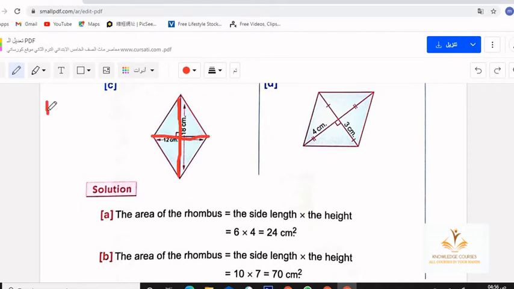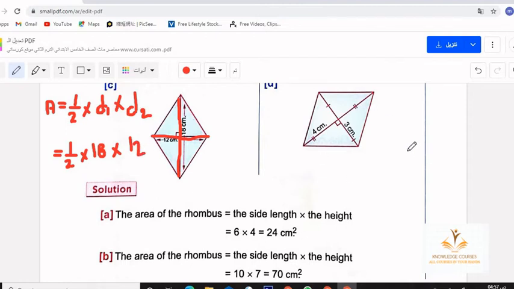Area equals half multiply D1 multiply D2, equals half multiply 18 multiply 12.